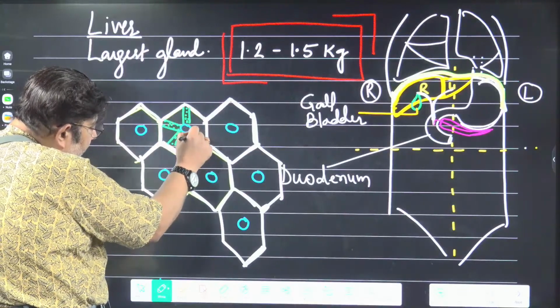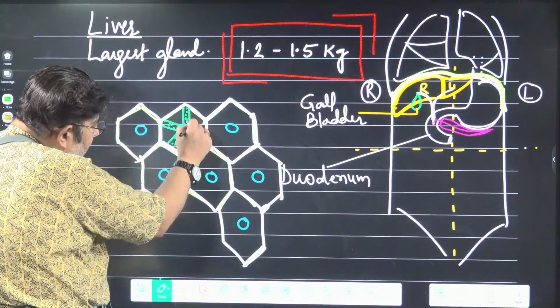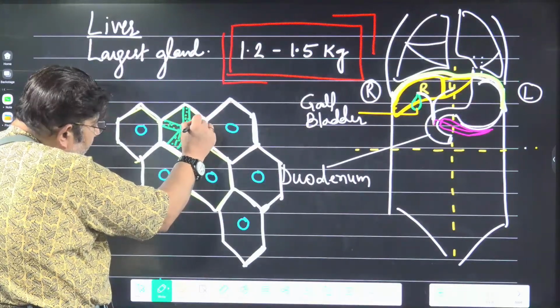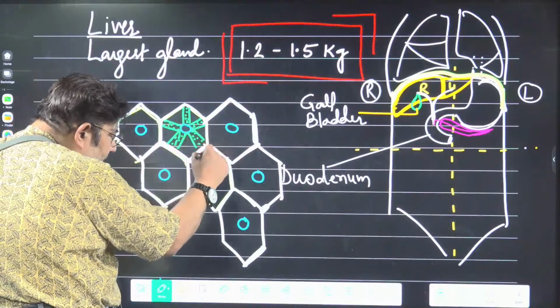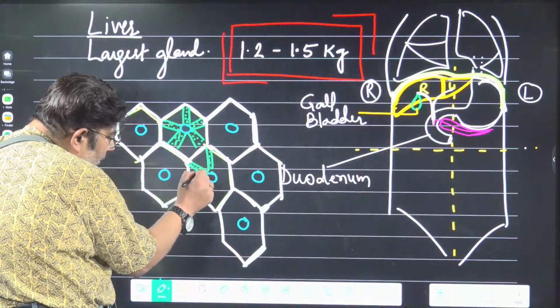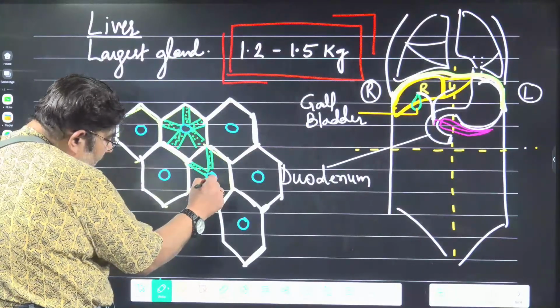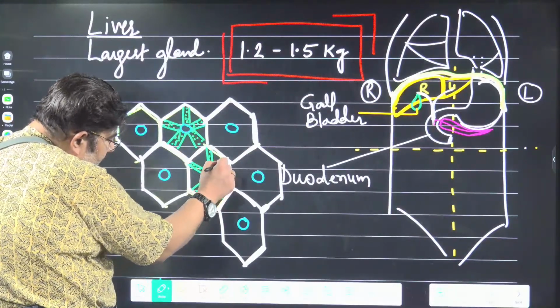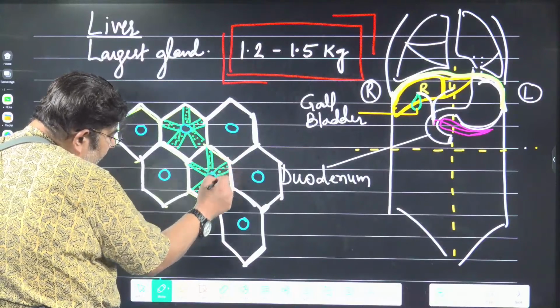And you know what these rows are called? These are called hepatic cords. There is a central vein and hepatic cords.